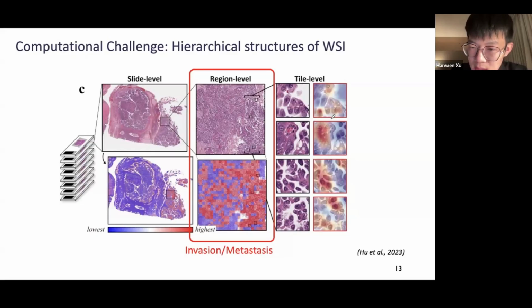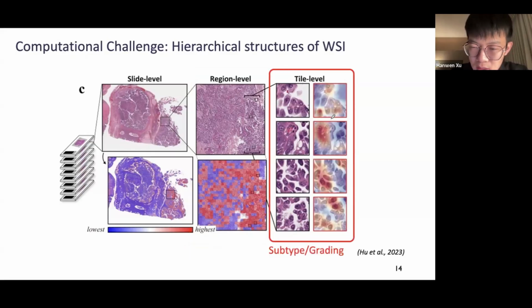And for certain tasks like subtyping, the tile-level features become more relevant, as some subtyping tasks depend highly on subtle differences at the morphological level. In those cases, we need to go into fine-grained details to check the differences between different tiles, and then we can be informed about which cancer type this histology image represents.